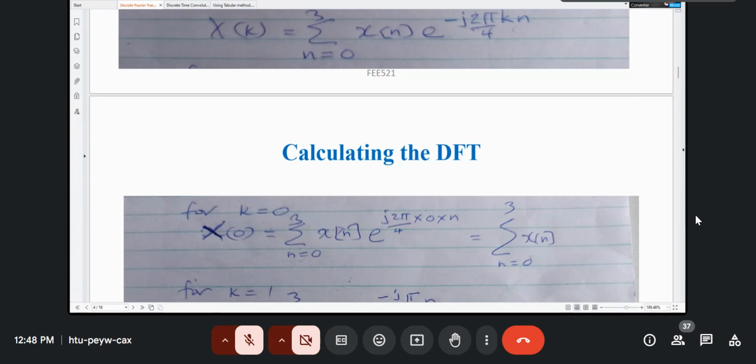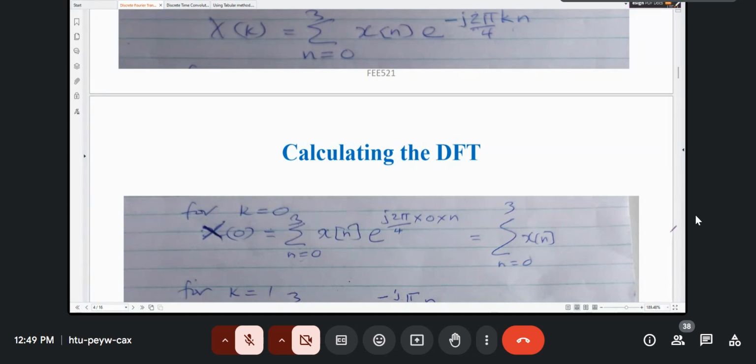So it is simply the sum of x of n for n from 0 to 3. It will be x of 0 plus x of 1 plus x of 2 plus x of 3, simply the sequence itself.